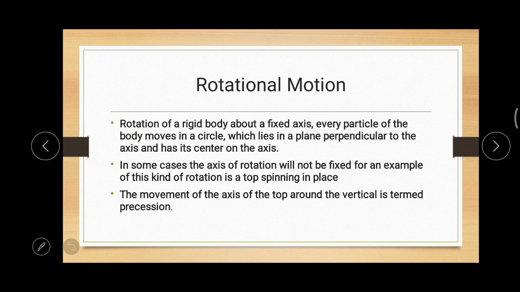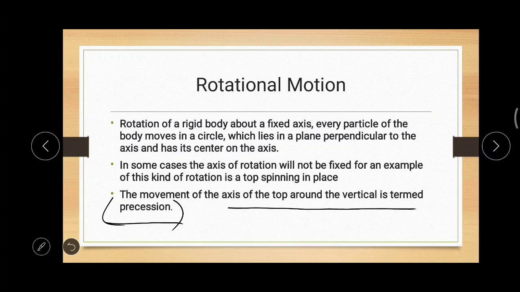the movement of the axis of the top around the vertical is termed as the precession. Okay, the axis is moving, the axis is not fixed, but the point upon which the top is rotating, or the rotation is happening, is a fixed point.